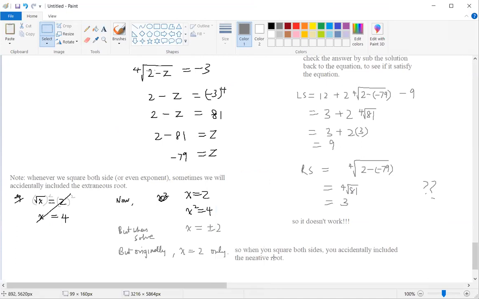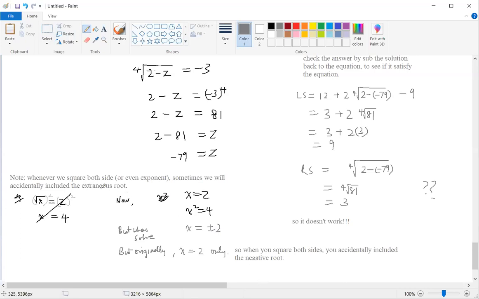So again, extraneous does not mean negative. Actually, sometimes the negative would work also. Extraneous just means something extra that we included here. As you can see right here, it's extra because originally it's positive 2 only, but when you square it, you included something extra.